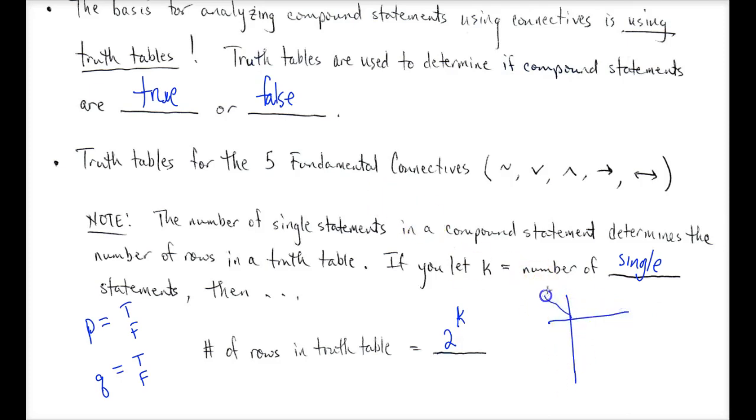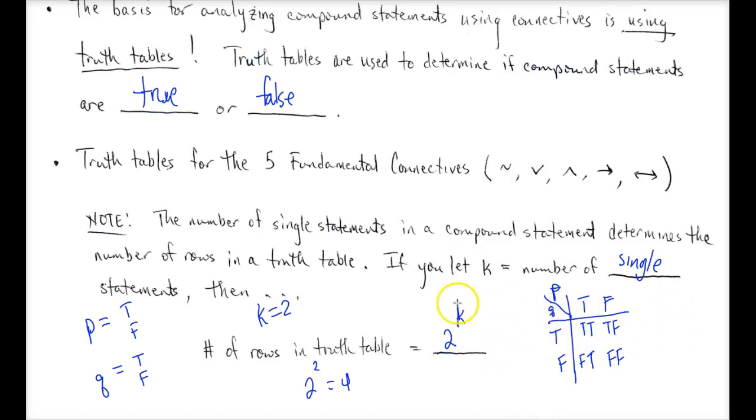So this is going to be P, this is going to be Q, and the combinations that we can have are true and true, true and false, false and true, and false and false. Okay? And so we see that we get 4 different possibilities here. Well, the same thing happens because P and Q are 2 separate statements, so k is 2, and 2 raised to the 2 is 4. And so that's how we know what possibilities we have. Okay?